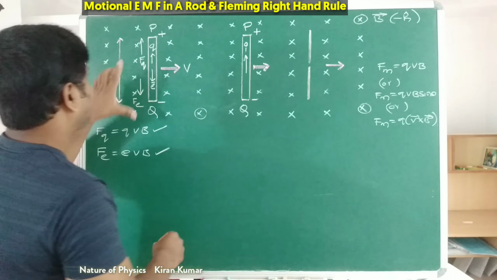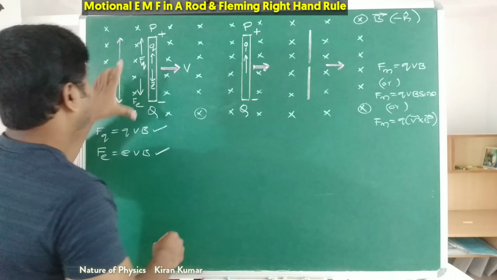Now we use equation 2 in equation 1 to get the induced EMF, that is, the motional EMF. Already we got capital E equal to E into L from the E V d relation. Here the electric field E is equal to small v into B, where v is the velocity and B is the magnetic field. This we got from the electric force being equal to the magnetic force.